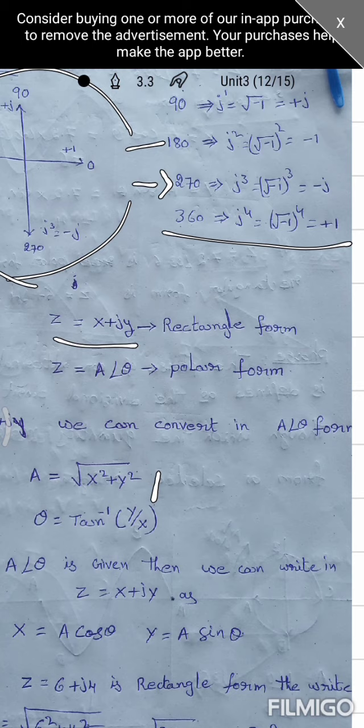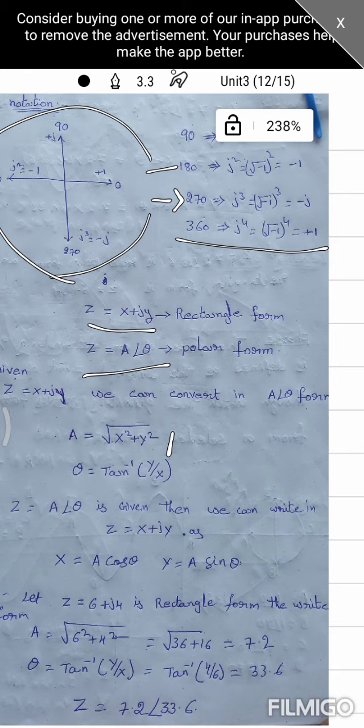This is called the rectangular form, and it can also be represented in another way, the polar form, that is Z is equal to A at an angle theta. If a given problem is expressed in rectangular form, that means Z is equal to X plus JY, we can convert it into the polar form, Z is equal to A at an angle theta. Let us see how these conversions are done.